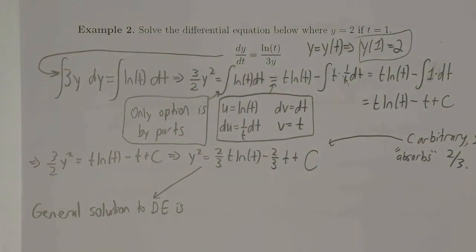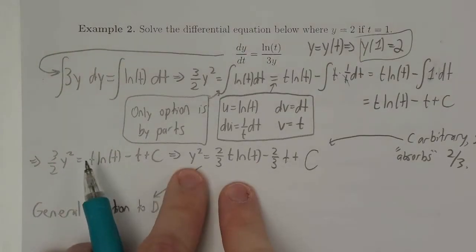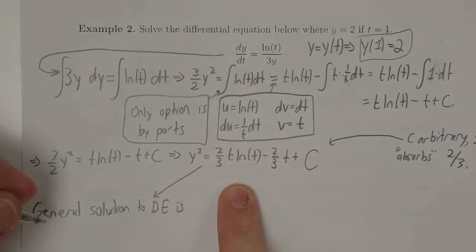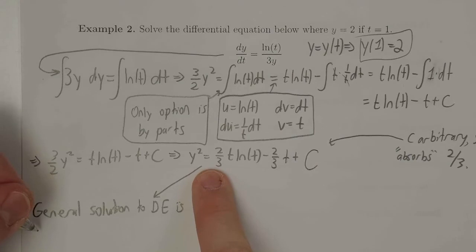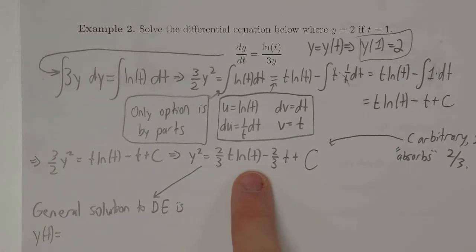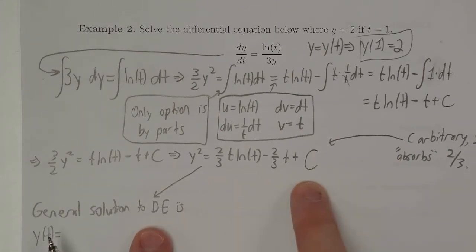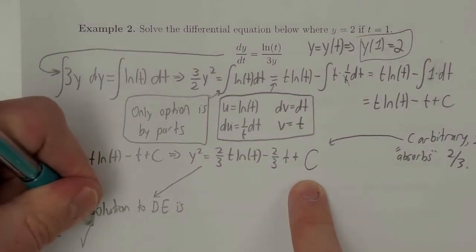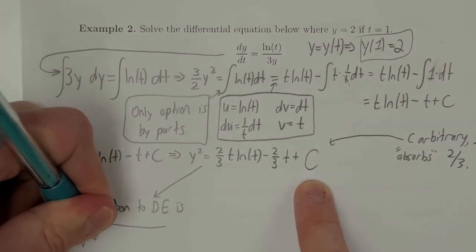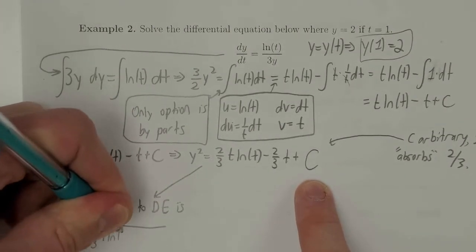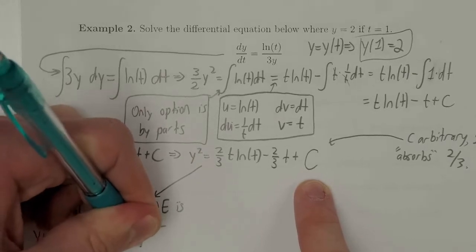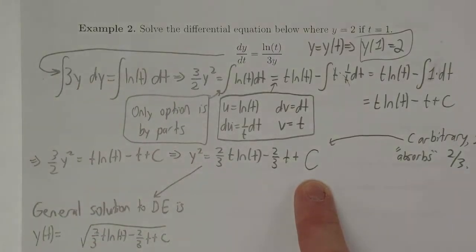What we need to do is get y all by itself, so all we need to do is take the square root of both sides. So we have y of t equals the square root of 2/3 times t times natural log of t minus 2/3 t plus C.